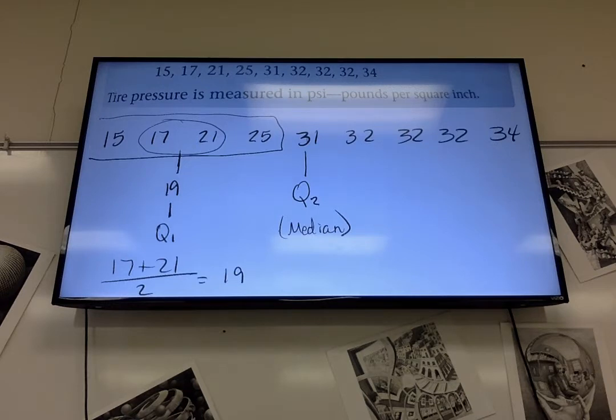And that's quartile 1. 19 splits those 4 numbers into 2 halves. You have 2 numbers to the left of 19 and 2 numbers to the right of 19.